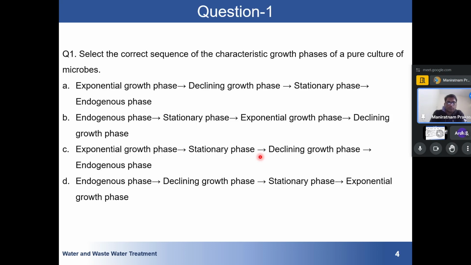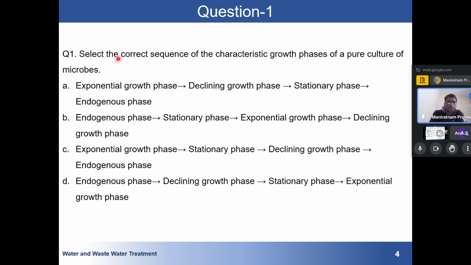Okay. So coming to the first question. The first question is: select the correct sequence of the characteristic growth phases of pure culture microbes. If you have attended the previous lecture, we discussed something about the food to mass ratio.